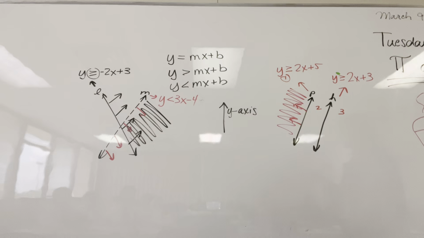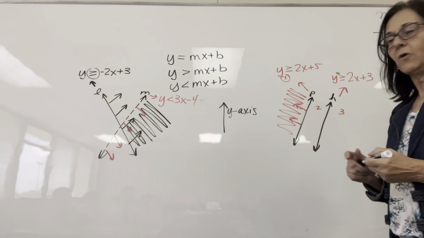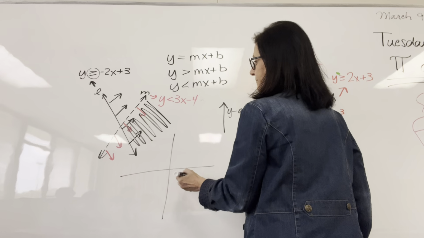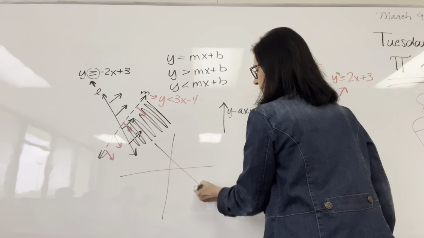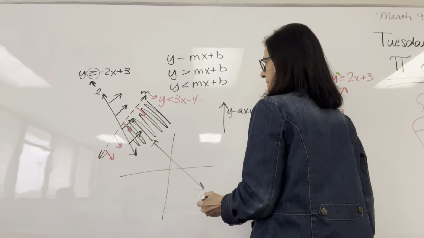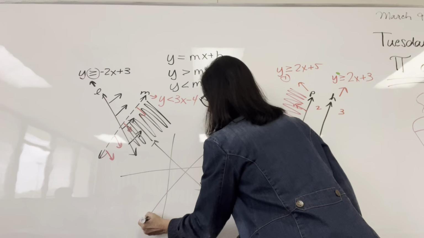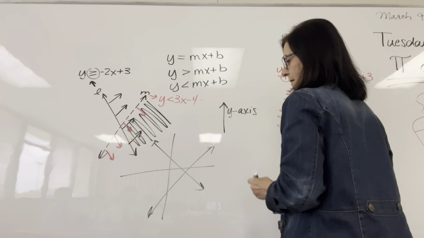Okay, we're going to really graph some. I need to do a Cartesian coordinate system. All right, so this one would look like, I don't know, something like this. This would be 3, -4, something like this.